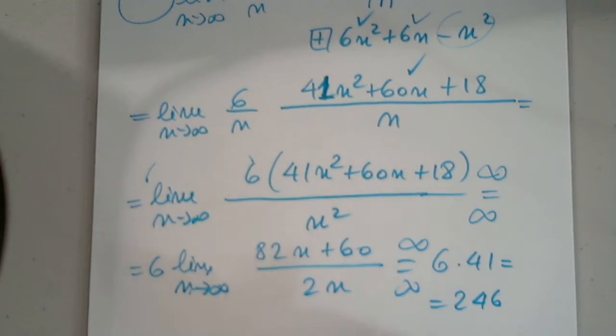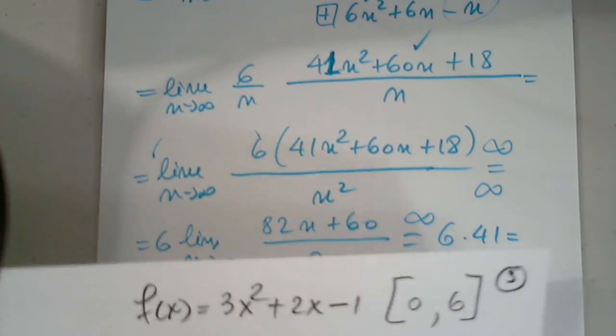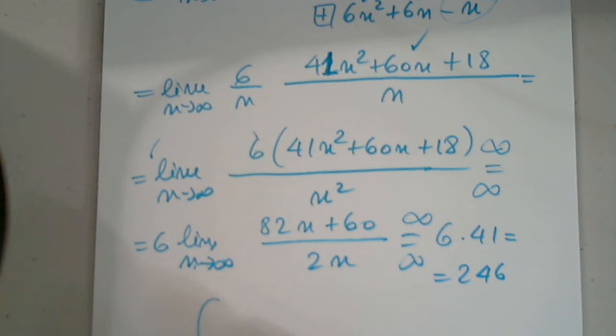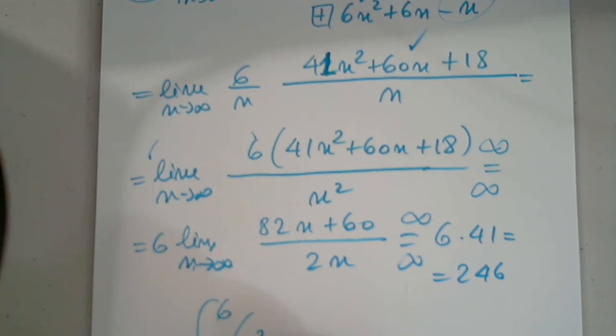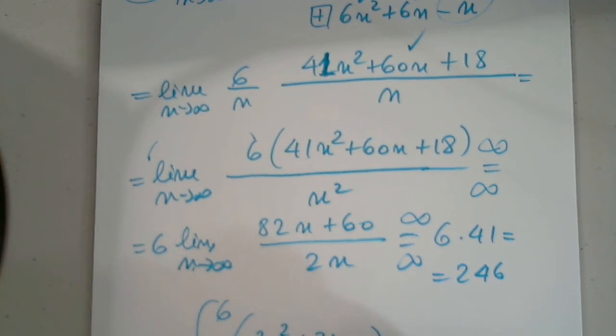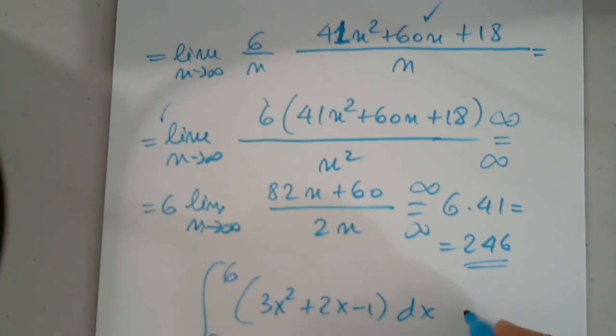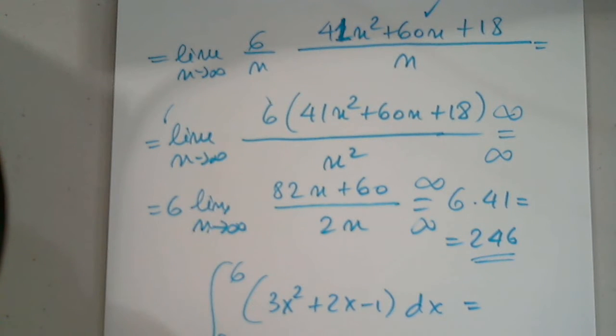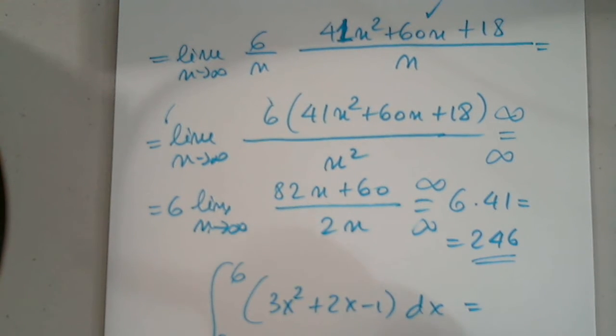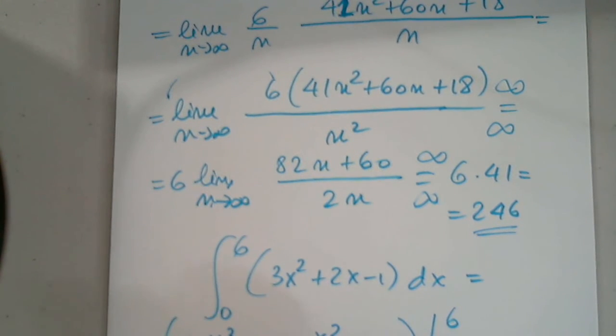So 246. And now the integral from 0 to 6 of 3x squared plus 2x minus 1 dx. I better get that. I don't want to go back. Okay, 3x cubed over 3 plus 2x squared over 2 and minus x from 0 to 6. How nice.